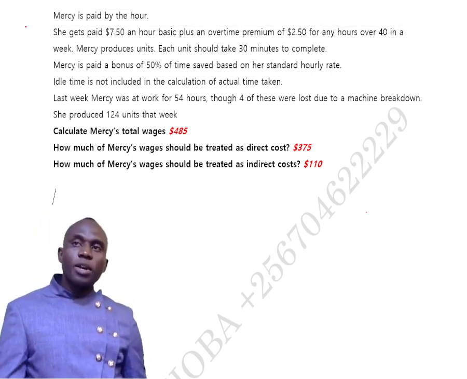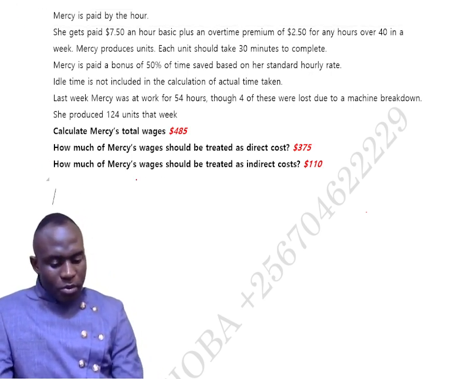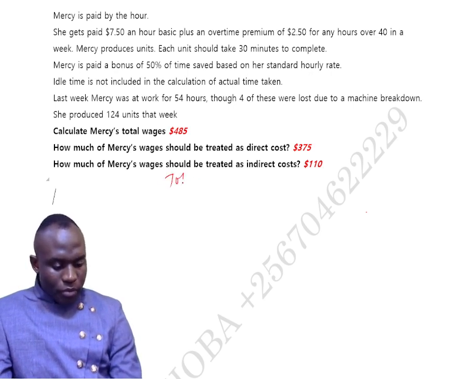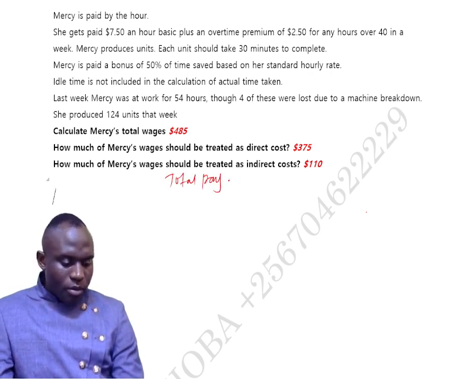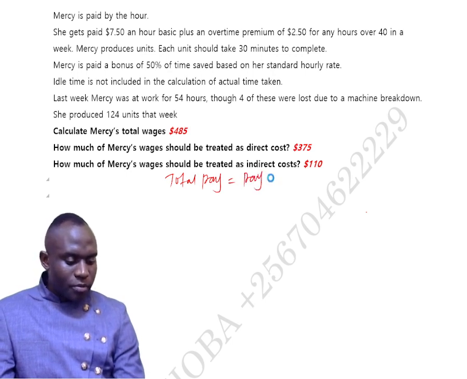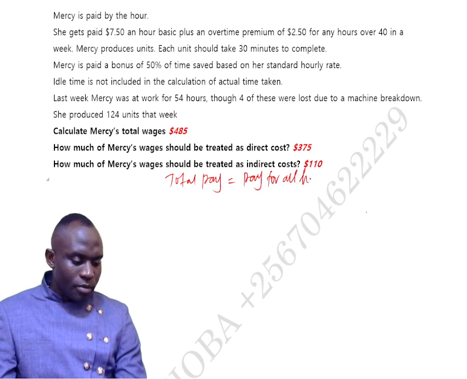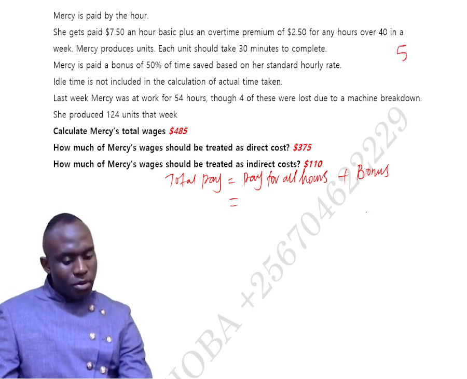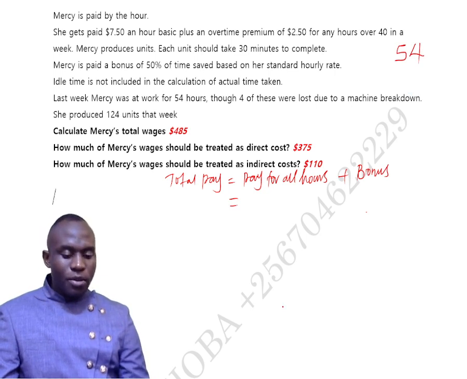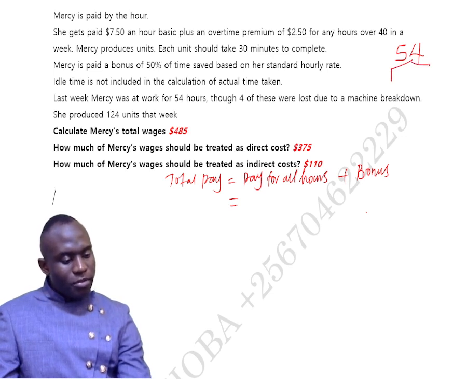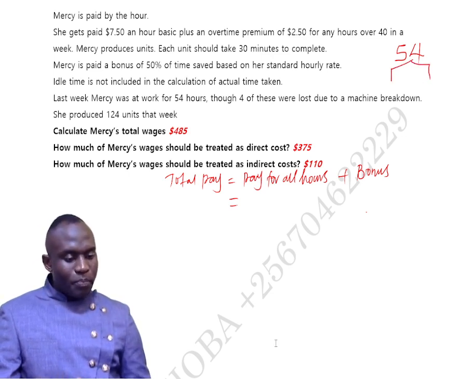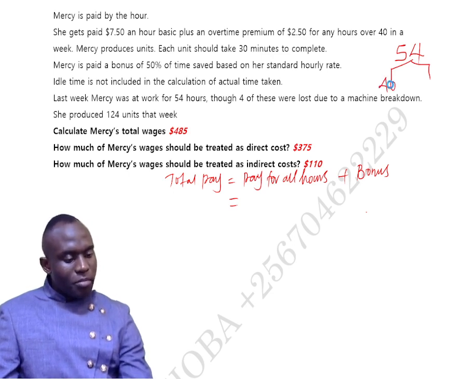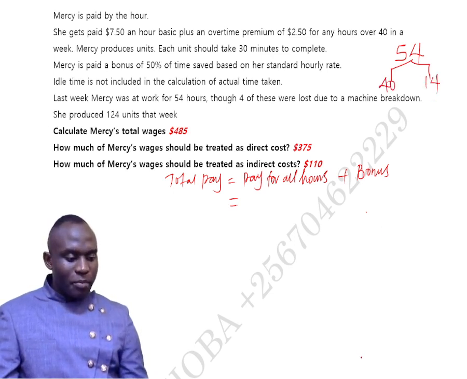Now they want us to calculate total payment, and total payment would be payment for all the hours, plus the bonus. So how many hours were actually worked? She worked for a total of 54 hours. Though some were idle time, they will also be paid for. Out of the 54, she's supposed to work for 40 hours, meaning the 14 hours were overtime.